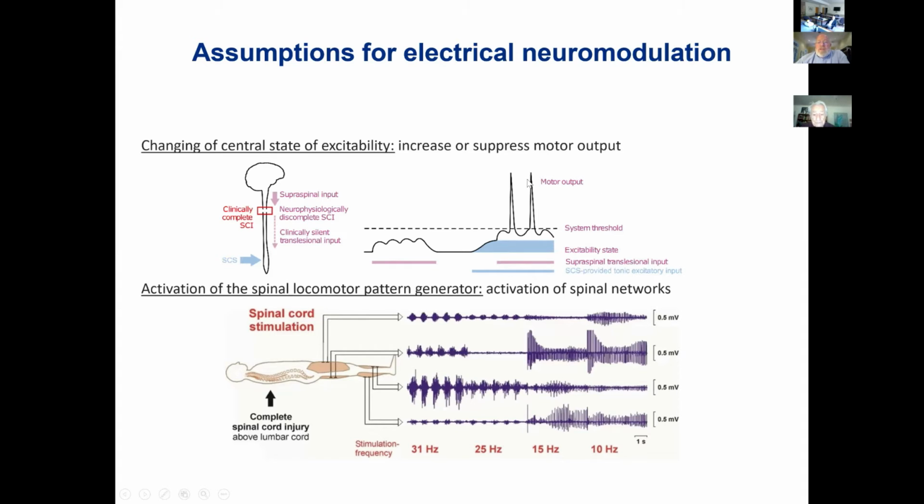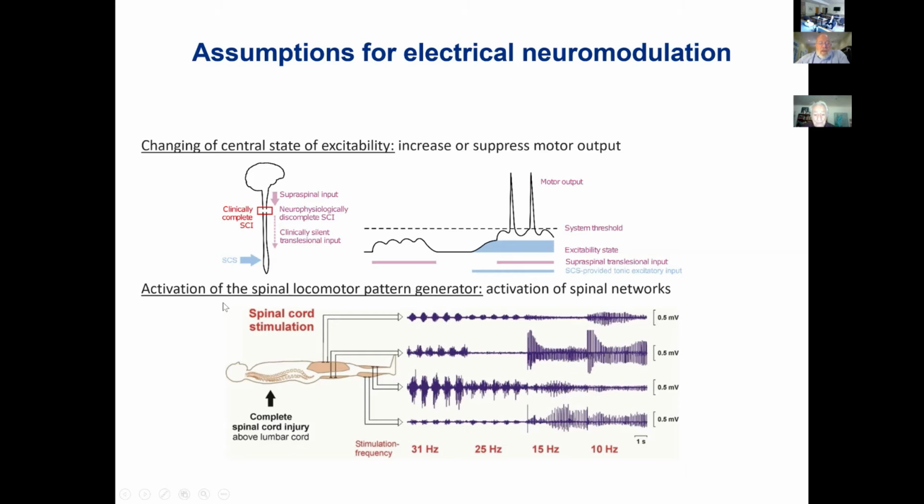The problem is that this doesn't necessarily distinguish between physiological motor output or pathophysiological motor output like spasticity, hypertonicity, clonus. And we can definitely show examples where we are suppressing motor output. So it's not simply this idea that stimulation is increasing excitability and now allowing everything in the way of a voluntary command to get through.